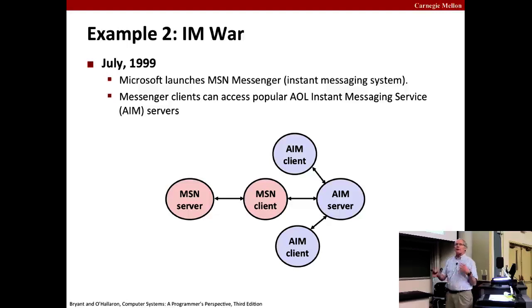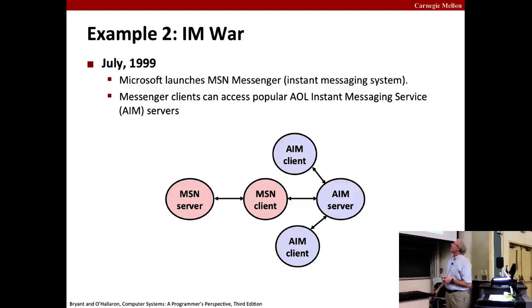And Microsoft came out with its own client, its own program that you could run on your machine and communicate to other people on this messaging system. So the Microsoft code was running on your machine, but it would use the servers that were being run by AOL to manage this messaging traffic.